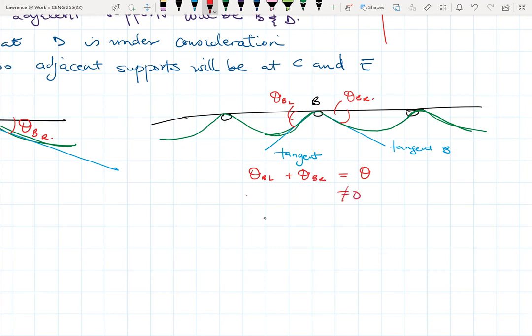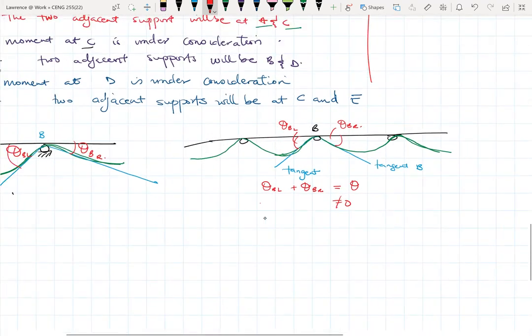Because normally there is what we call discontinuity at supports. Loads cause discontinuity at supports, which means that the slope on the left side of the support B, which is theta BL, and the slope on the right side, theta BR, will not be the same. There'll be some discontinuity. But that makes it difficult for us to do any meaningful calculations.